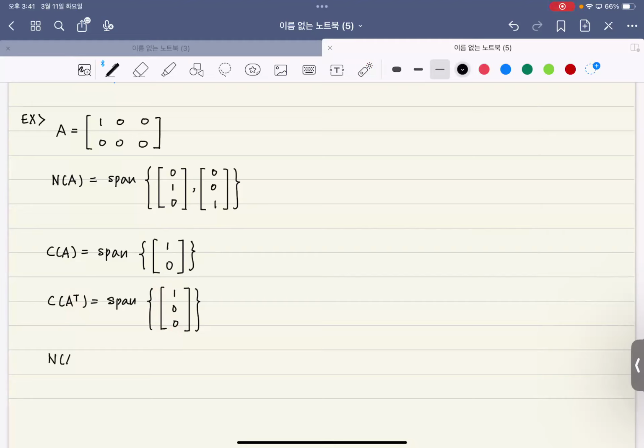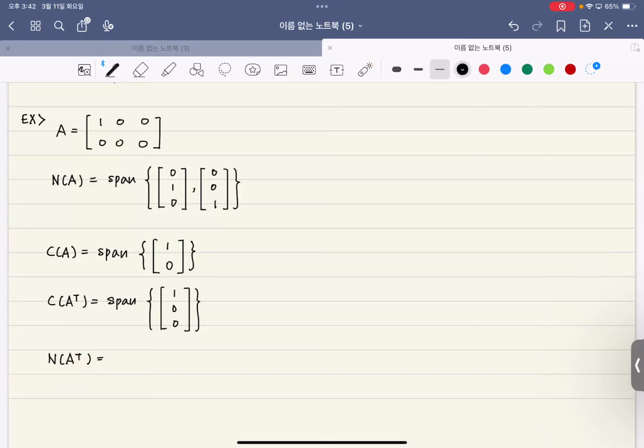Lastly, the left null space. So what is the dimension of this guy? This is a 2 by 3 matrix, right? So therefore, A transpose is a 3 by 2 matrix. Hold on. What is the rank of A transpose?